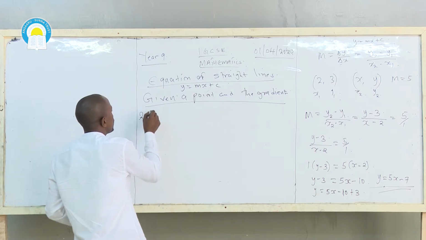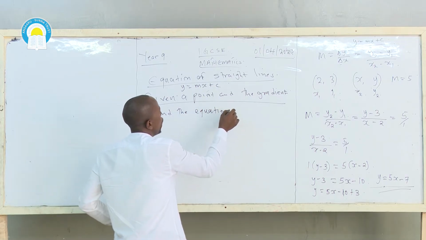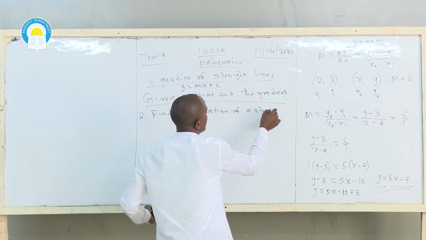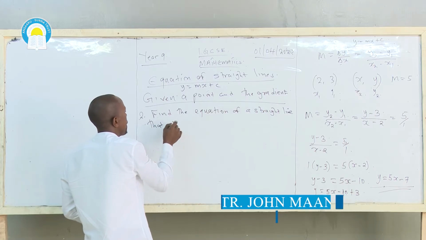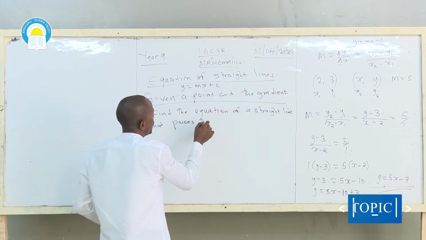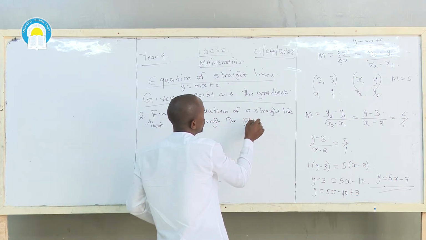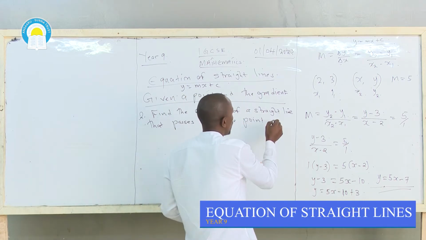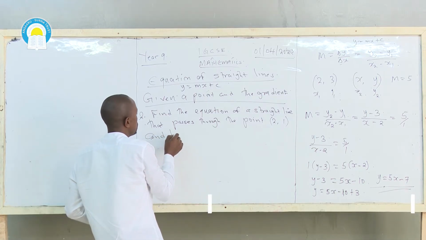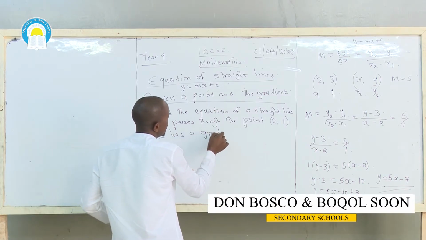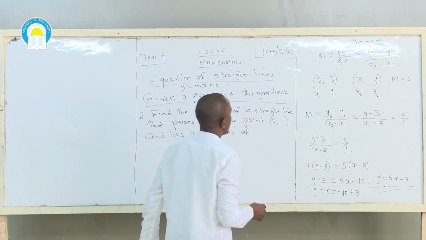Question 2. Find the equation of a straight line that passes through the point (2, 1) and has a gradient of 6.